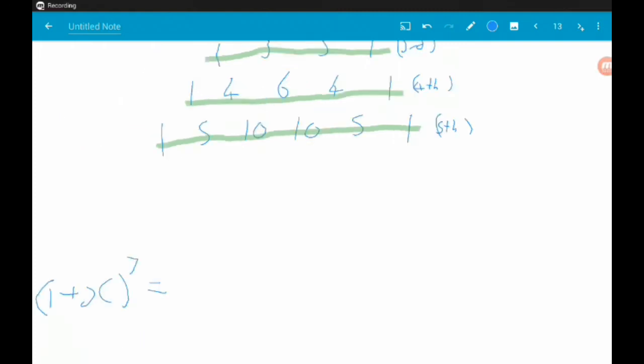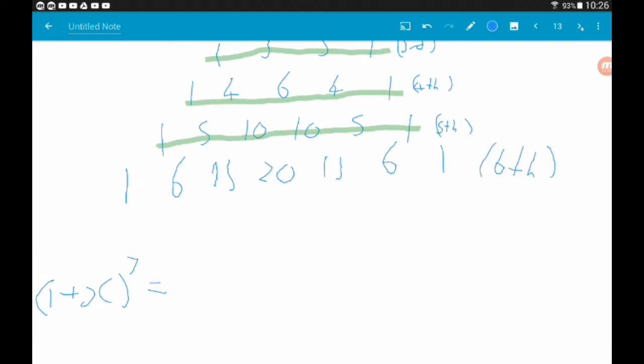Okay, sorry for the jump, had to move my triangle. So let's find the 6th row first of all. So we'd have 1, and then 1 plus 5 is 6, 5 plus 10, 15, 10 plus 10, 20. Now we're in an even row, so our coefficients are symmetrical. So we built up to 20, we're now going to go back. So 15, 6, and 1.